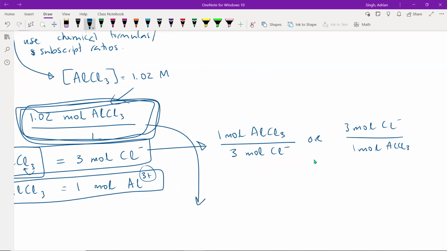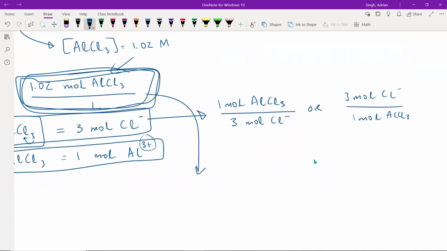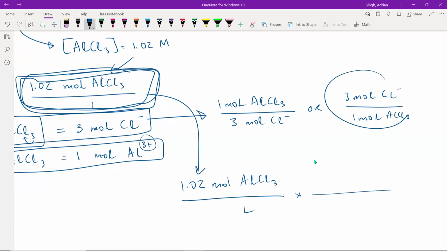So now I get this information just from the concentration that's given. I really don't need to do a whole lot with that except to use it. So I have 1.02 moles of the AlCl3 for every liter of the solution. Now I can take this relationship that relates the aluminum chloride to the chloride. So I have 3 moles of Cl minus for every 1 mole of the aluminum chloride. And guess what? Moles of aluminum chloride cancel out.